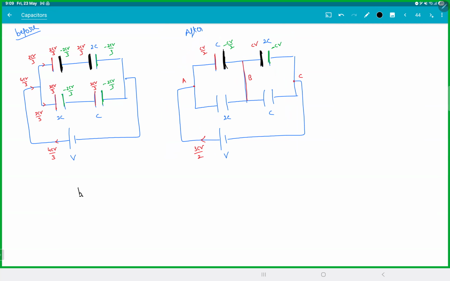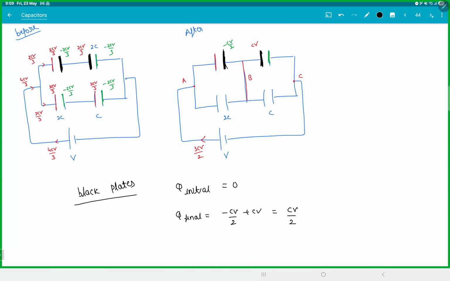If you just look at the black plates, what was the initial charge on both the black plates? The Q initial was 0. What is the final charge on the black plates? Minus CV by 2 plus CV. So this is CV by 2.